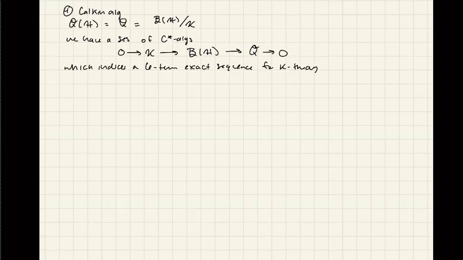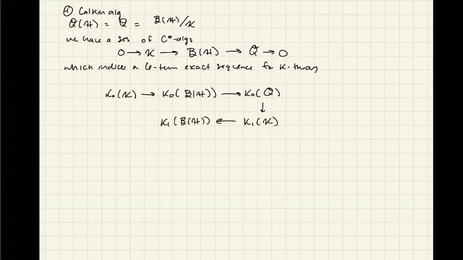So we'll have K0 of the compact operators, K0 of B of H, K0 of our Calkin algebra, K1 of our compact operators, K1 of B of H, and K1 of the Calkin algebra. Okay.